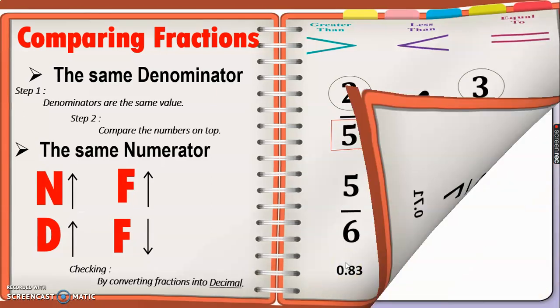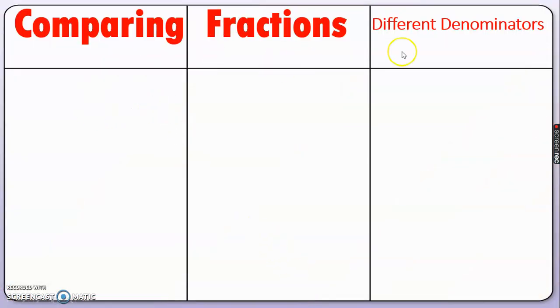Okay, let's proceed. So, comparing fractions with different denominators. For example, we have 3 over 4 and 2 over 3. Can you see they have different denominators? They're not the same value.